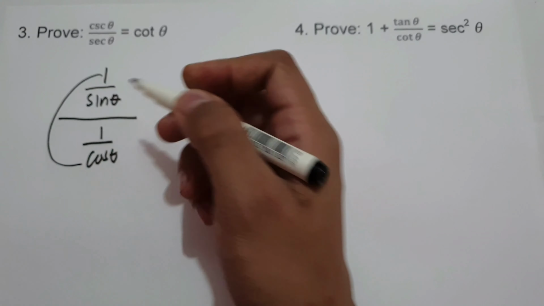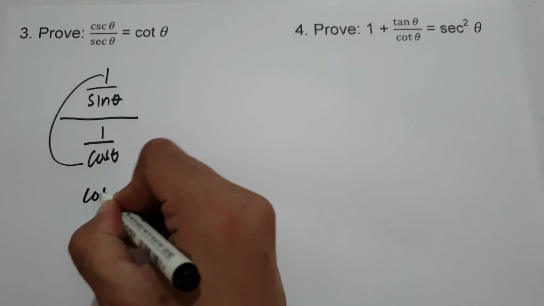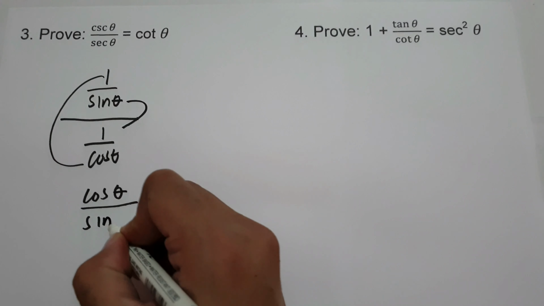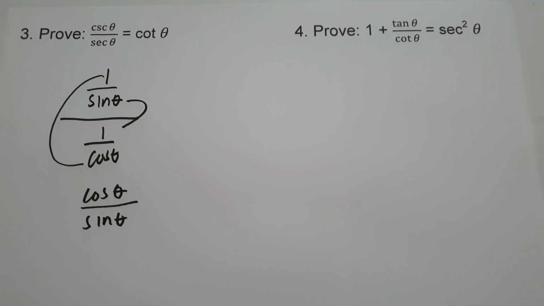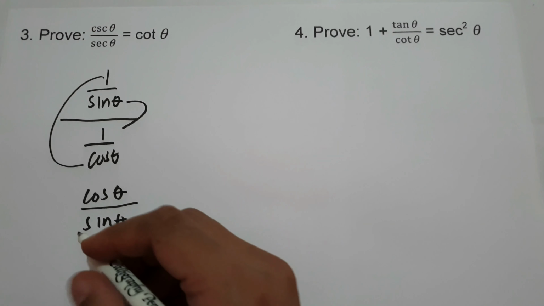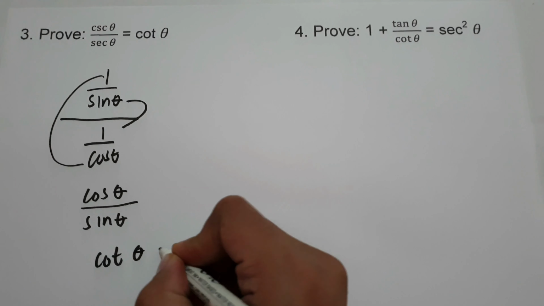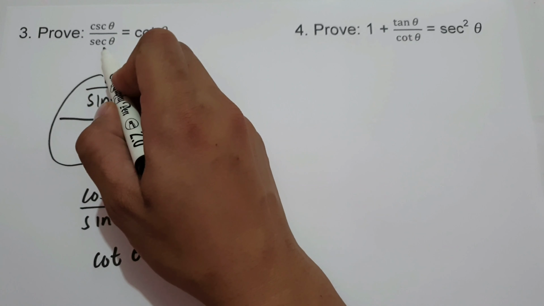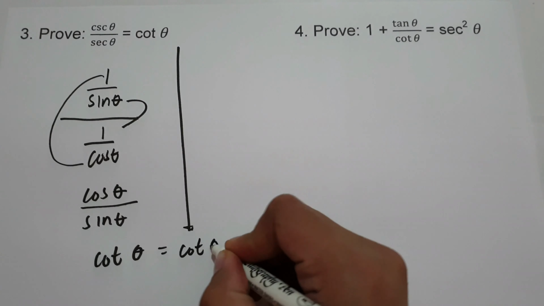So 1 multiplied by cosine, that is cosine theta. Sine theta times 1, that is sine theta. And we all know that cosine theta over sine theta is equal to cotangent theta. So therefore, we prove that cosecant theta over secant theta is equal to cotangent theta.